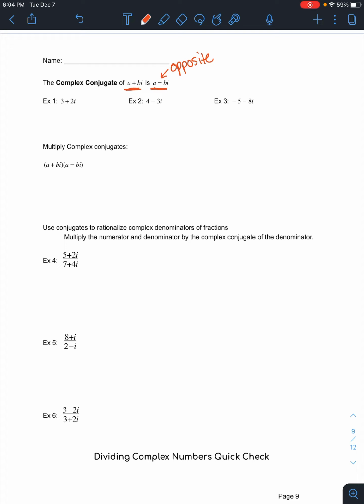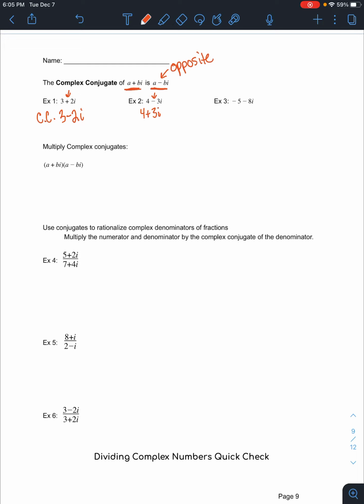of our imaginary piece. So if we have the number 3 plus 2i, our complex conjugate would be 3 minus 2i. We take the opposite of our imaginary piece. So 4 minus 3i, the opposite of minus is plus, so this would be 4 plus 3i.